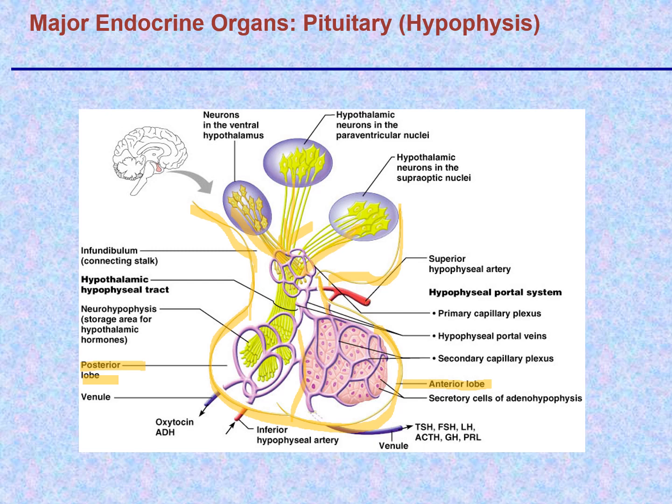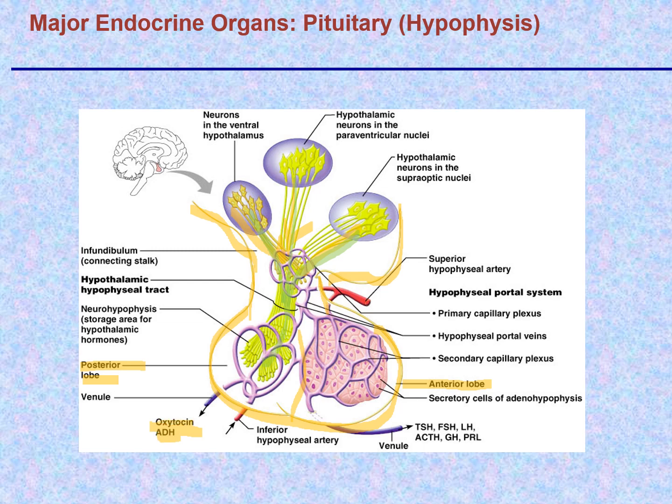I'll do it in a different color. So these neural tissue axons are coming down into the posterior lobe, exporting from the hypothalamus to the posterior lobe these two hormones. The two hormones are oxytocin and antidiuretic hormone, ADH.